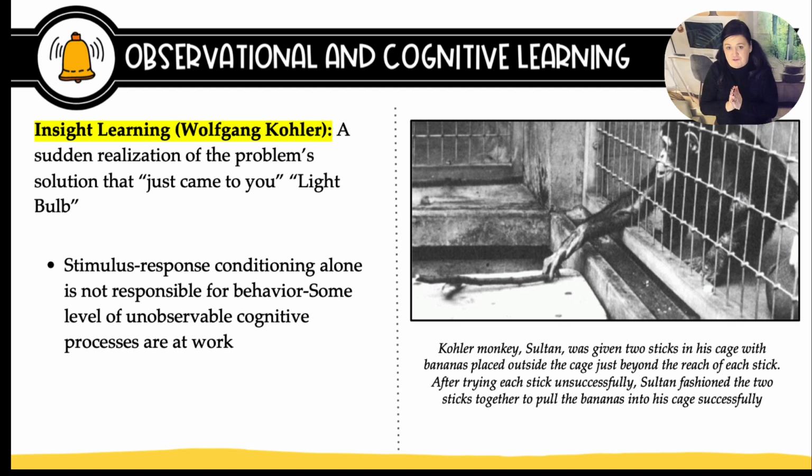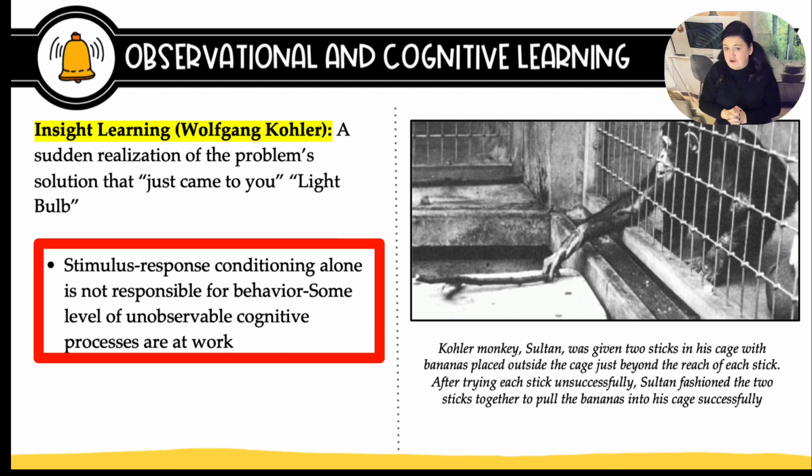Okay, so with Wolfgang Kohler, also a sudden realization of the problem solution, that light bulb moment, the things that just come to you, stimulus response conditioning alone is not responsible for behavior. Some level of unobservable cognitive processes are at work.